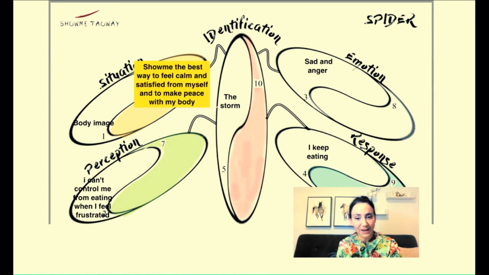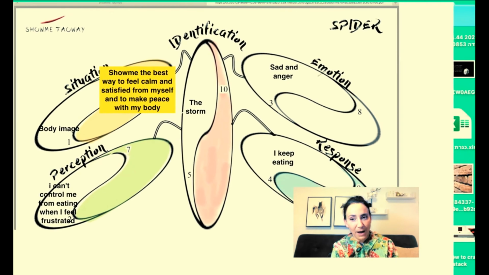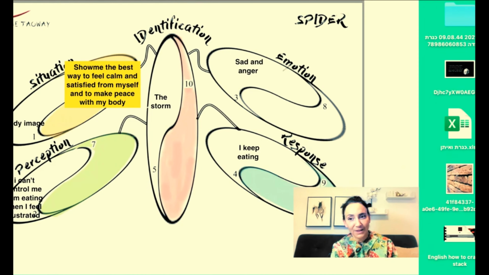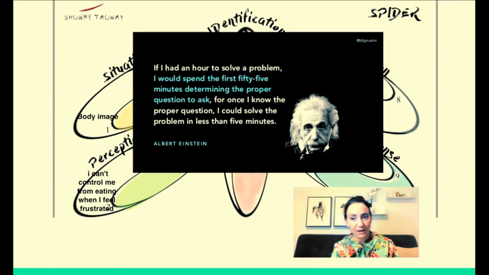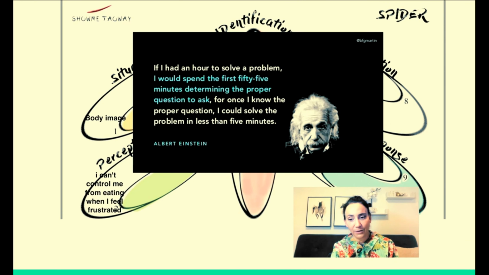All right? So number 6 is interesting, because before I move to number 6, I would like to talk about this quote. I'm going to add this quote here so it will be something that we will be able to look at together, okay?